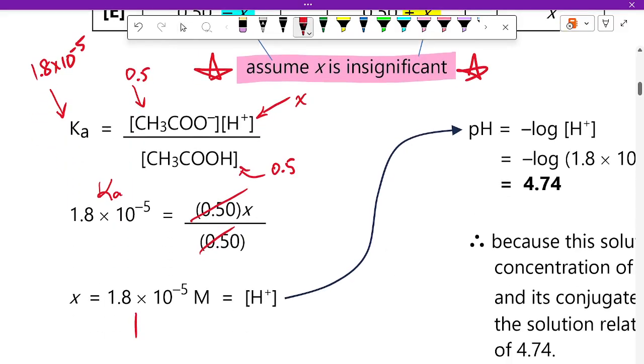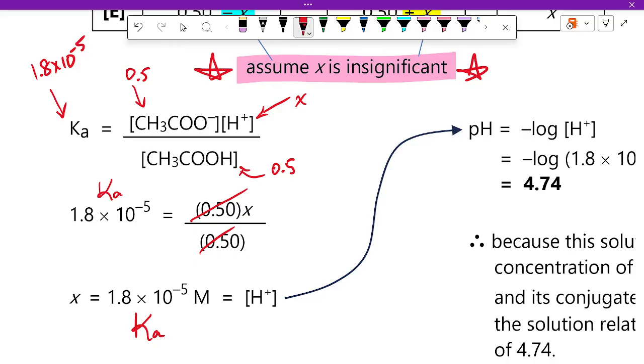Remember, this is Ka. So if you have a buffer where the two concentrations, weak acid and conjugate weak base, are equal, then the concentration of hydrogen is equal to the Ka. Does this seem familiar? Have we come across other situations like this before?